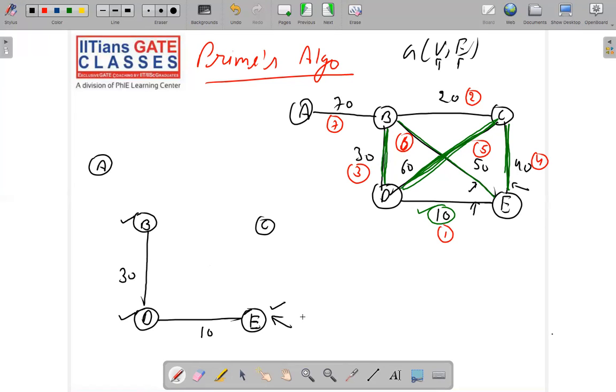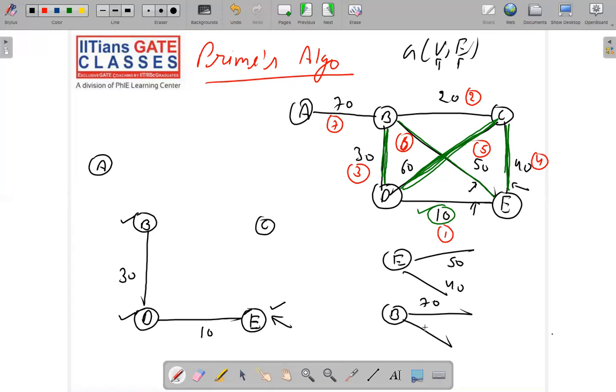So I can draw it like this. From E, I am having these many edges. One edge is 50. Another one is 40. These are not already explored. From B, I have one edge which is 70, which is not already explored.